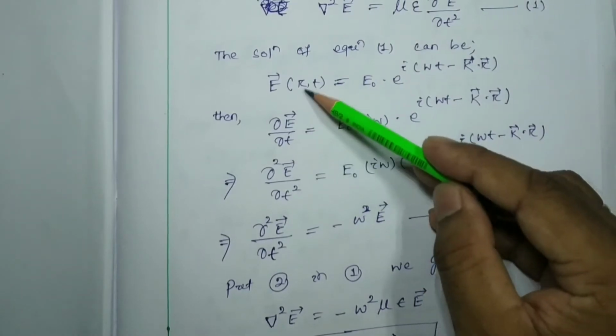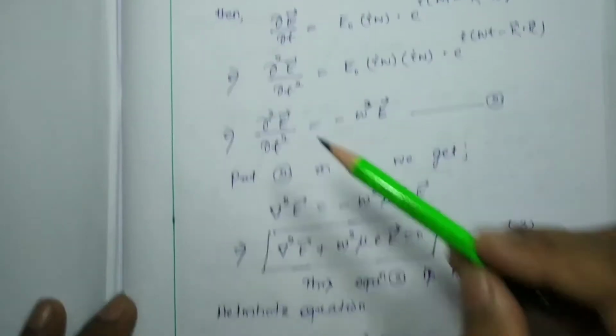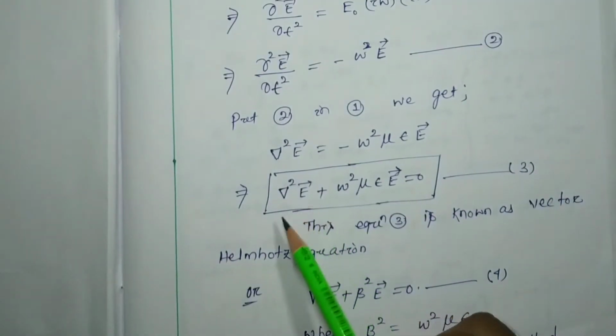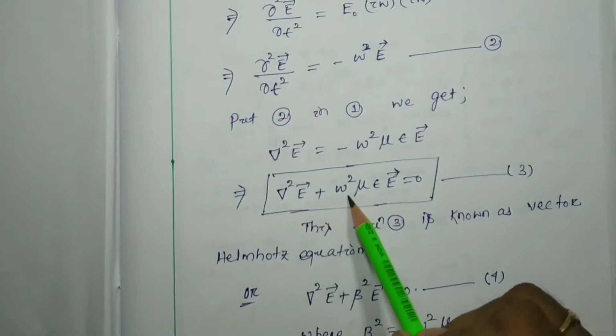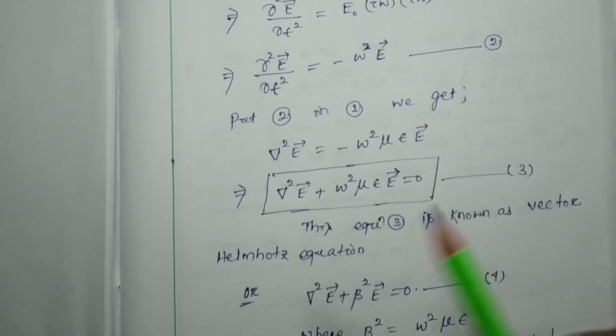I have not written it, but you have to consider that E is a function of r and t, here also. So del square E plus omega square mu epsilon E equal to 0. Let this be equation number 3.